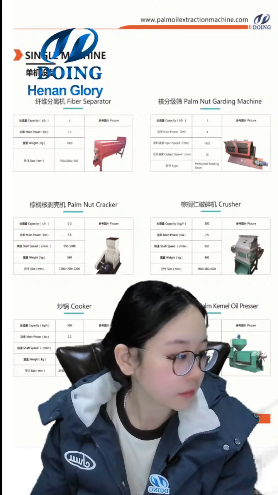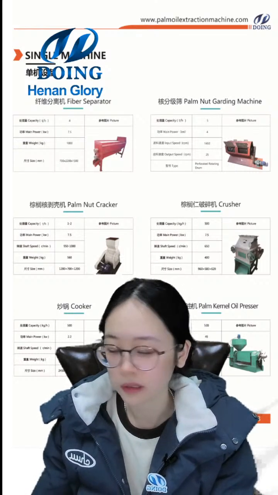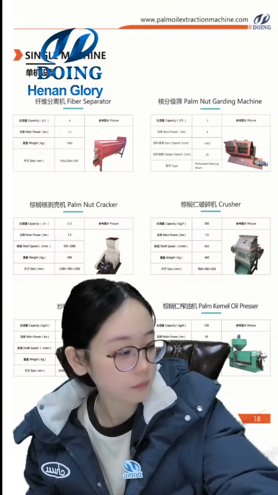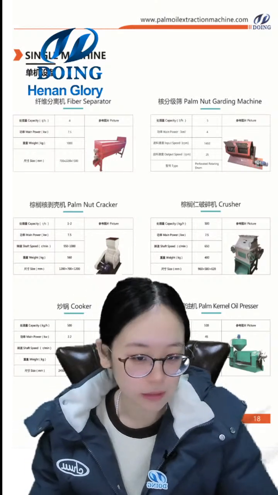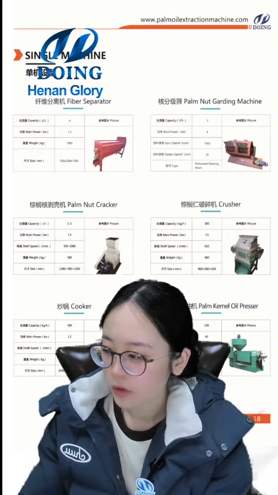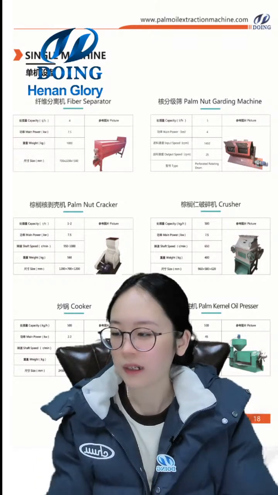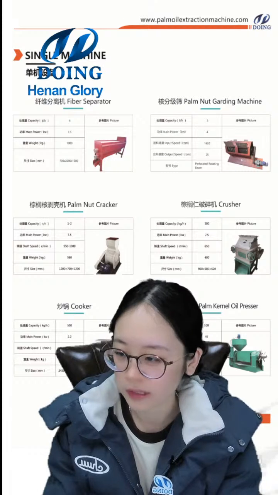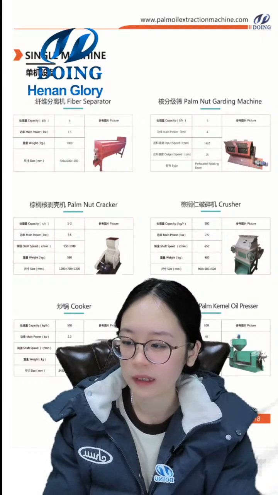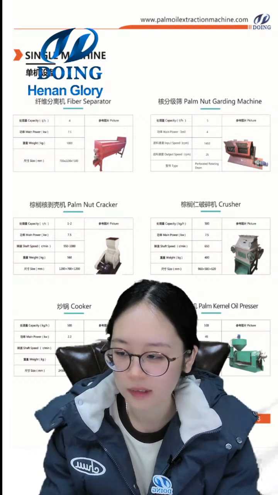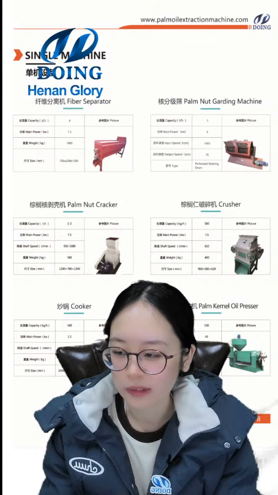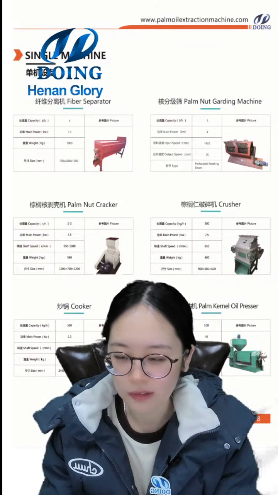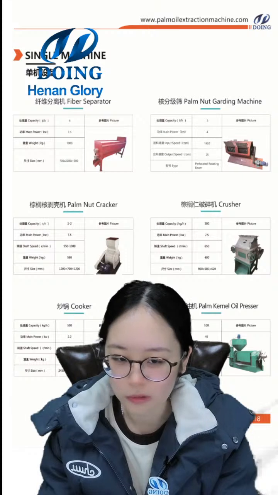And also here comes the cooker. The cooker is used for the kernels, okay? And then it goes to the oil presser, the kernel oil presser. This presser is only used for kernel oil.